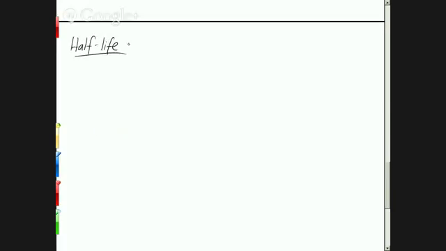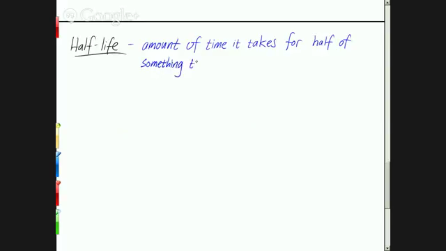So the half-life we can define as the amount of time it takes for half of something to, I'll just say go away because that's more general.